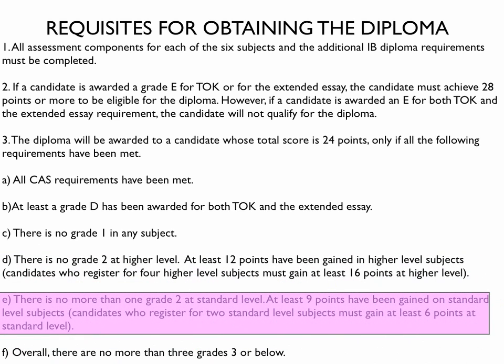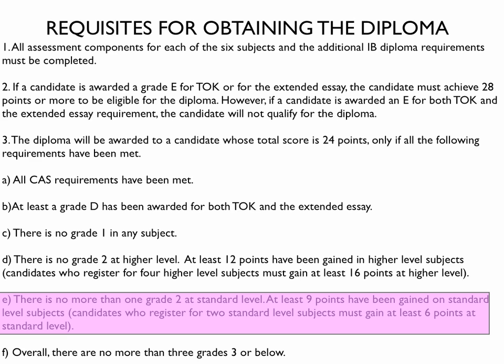Letter E, there is no more than 1 grade 2 at standard level. So from your standard level classes, you can fail with up to one 2. So you can get a 2 in economics and you have a 4 in everything else, you can still get the diploma. Okay? At least 9 points have been gained in standard level subjects.